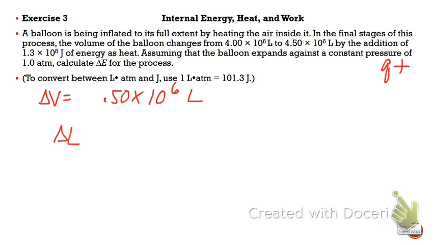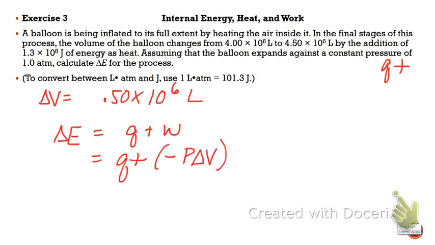So we're going to take our delta E is Q plus W, right? And we're going to substitute, we've got a Q, and then we're going to say plus negative P delta V. We're just going to do it all at one time. So that's 1.3 times 10 to the 8th joules plus, and then that would be a negative, what was our pressure?